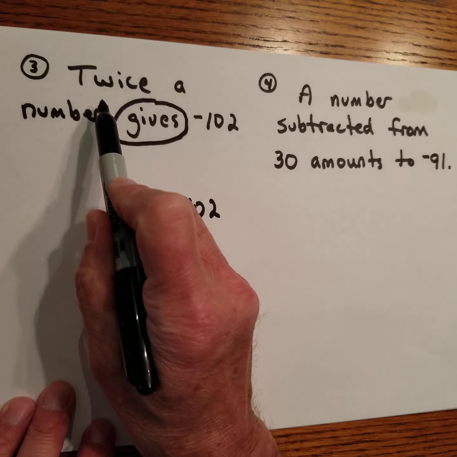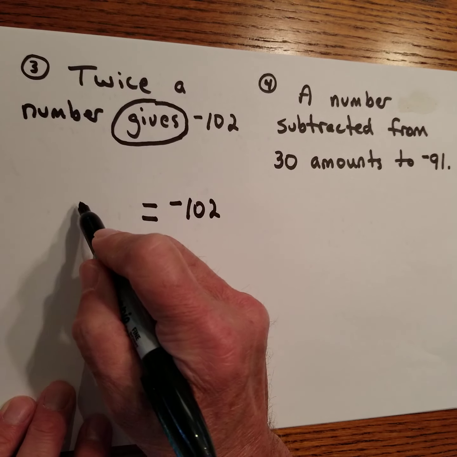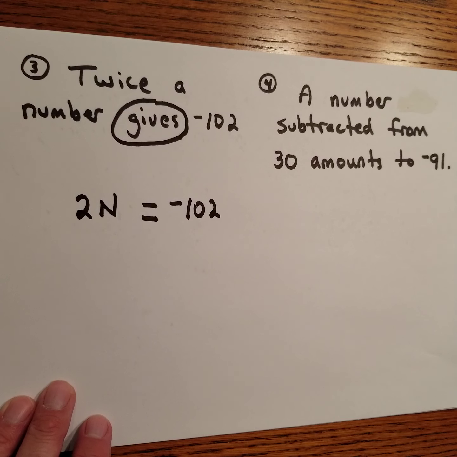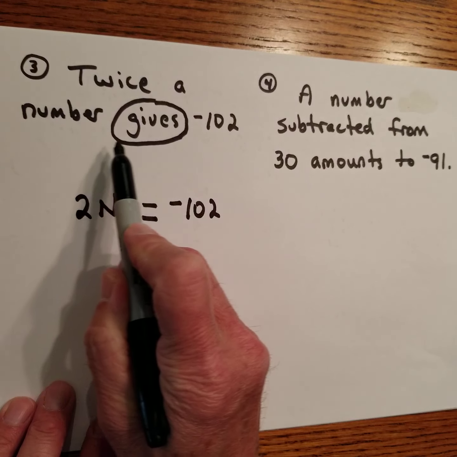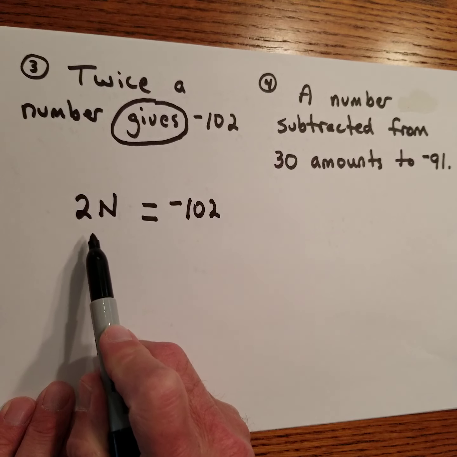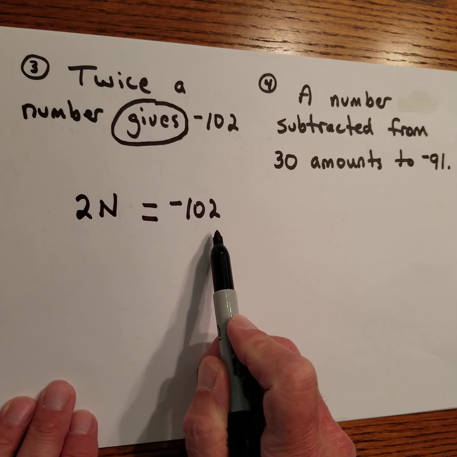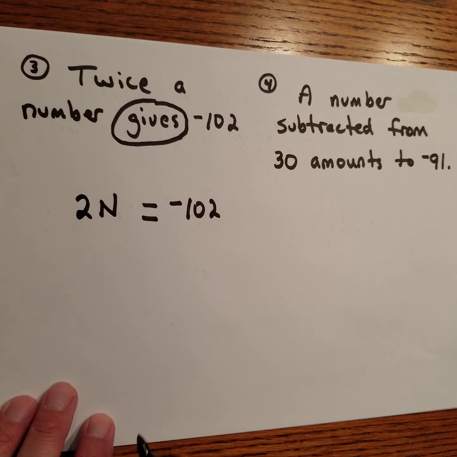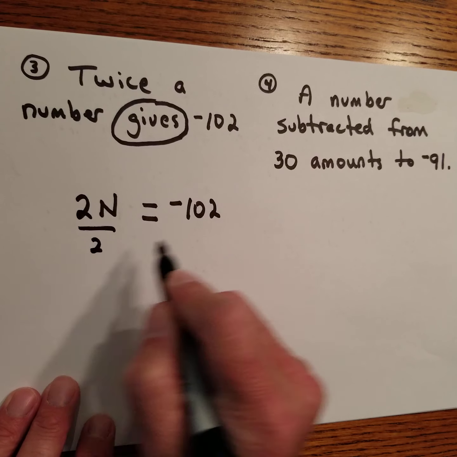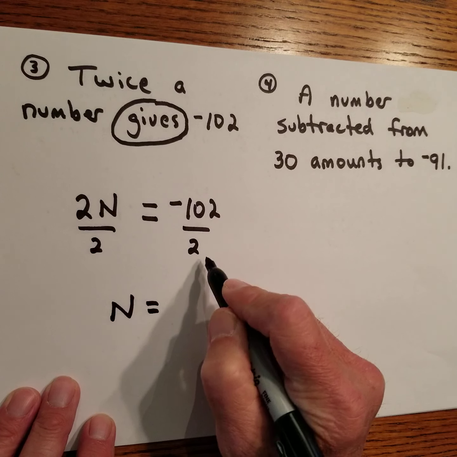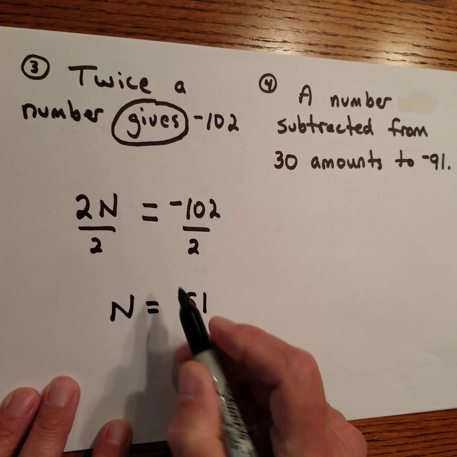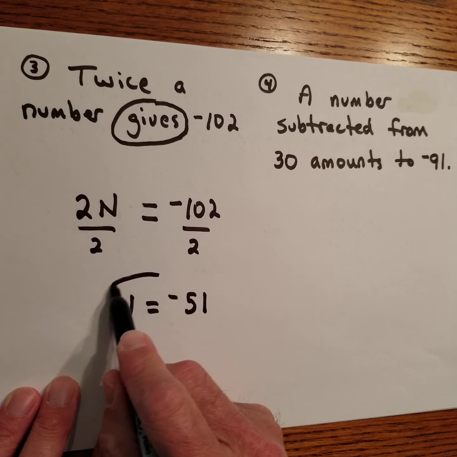Before the equal sign, twice a number. Twice a number just means 2 times a number. Let's see if we've got it. Twice a number gives negative 102. Now solve for n. We'll divide by 2. 102 divided by 2 is 51, and a negative divided by a positive is a negative.